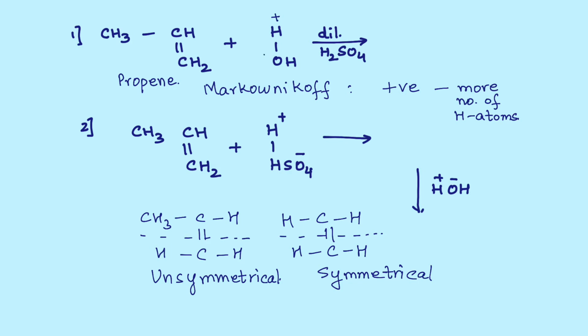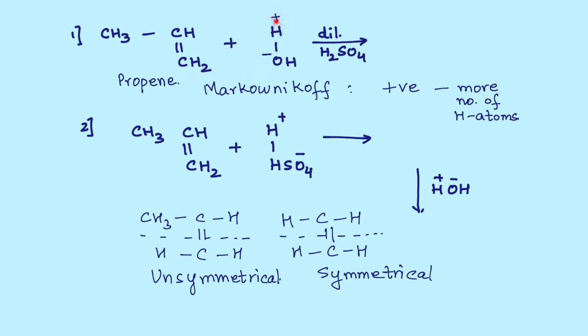Hydrogen positive, OH negative. I've got the doubly bonded carbon. These are the two unsaturated carbons that we are talking about. Now look at the number of hydrogens each one of them has. This carbon has only one hydrogen directly attached to it, whereas the second carbon has two hydrogen atoms directly attached to it.